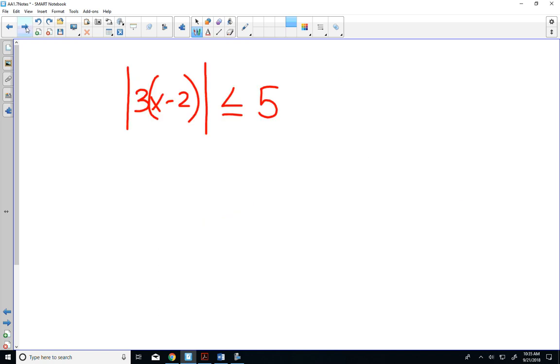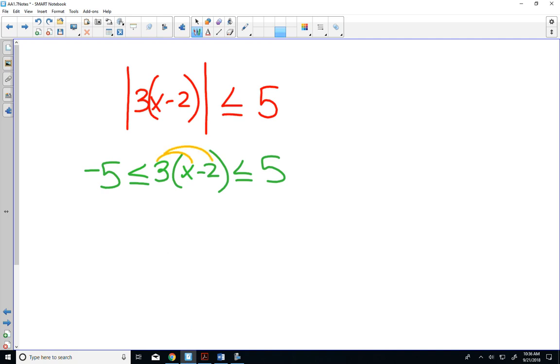Okay, so then looking at this problem. First thing we'd have to get rid of is the absolute value symbol, so then we would have 3 times x minus 2 less than or equal to 5 and greater than or equal to a negative 5. And now you can distribute the 3 next, or you can divide by 3, either way.